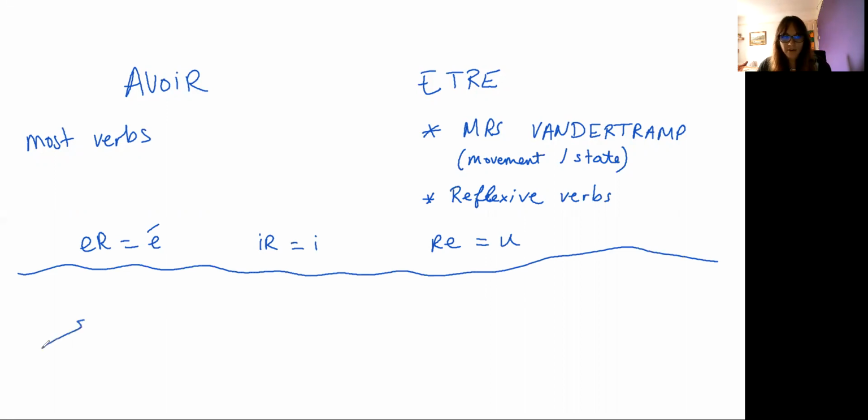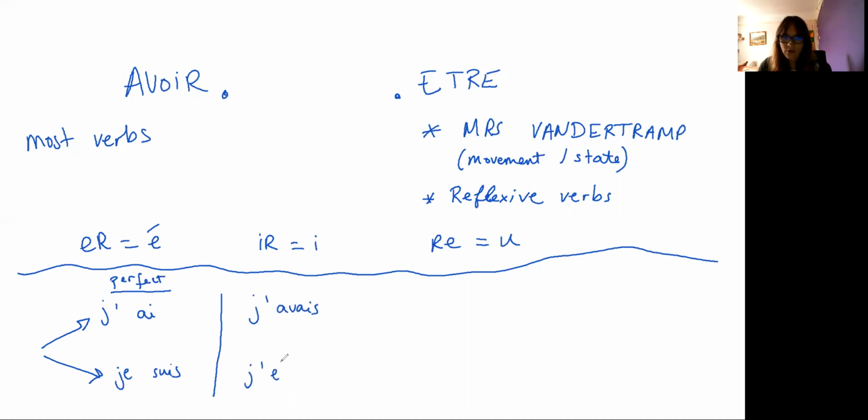You have either, in the perfect tense, j'ai, or you would have je suis, depending on whether you're using avoir or using être. Okay, well, in the pluperfect, you just have either j'avais or j'étais, which is the imperfect.